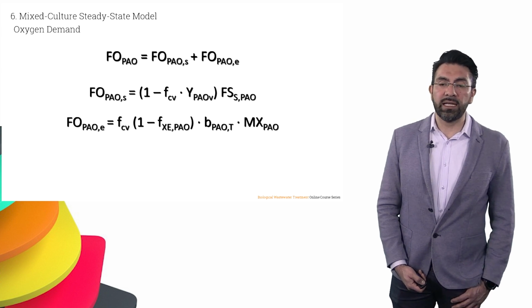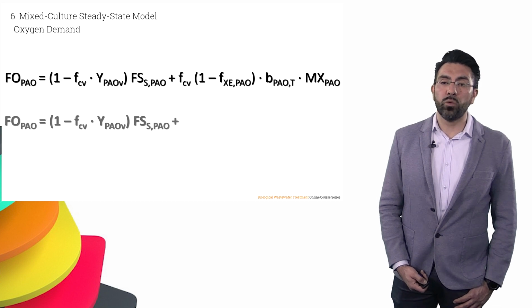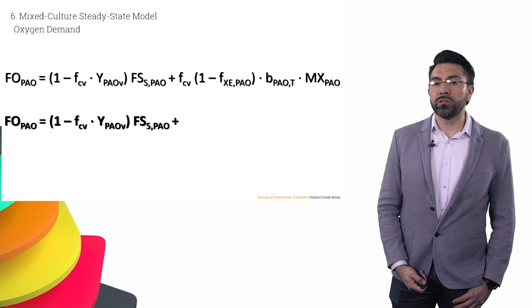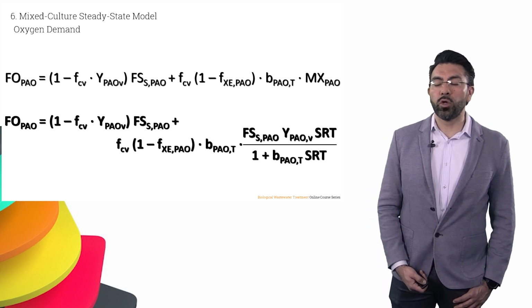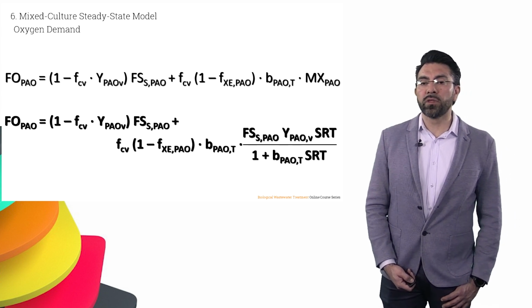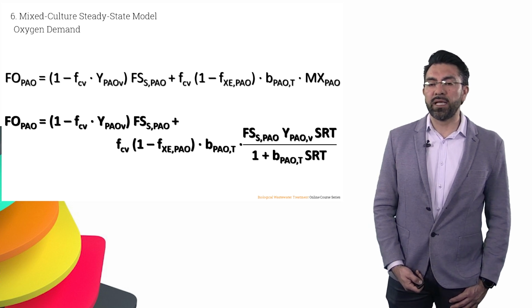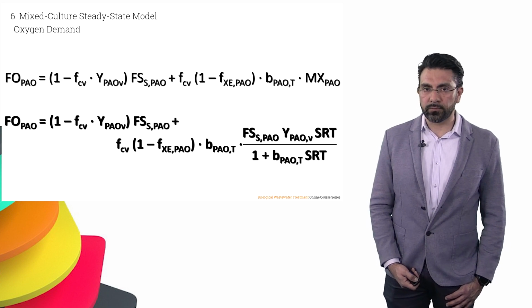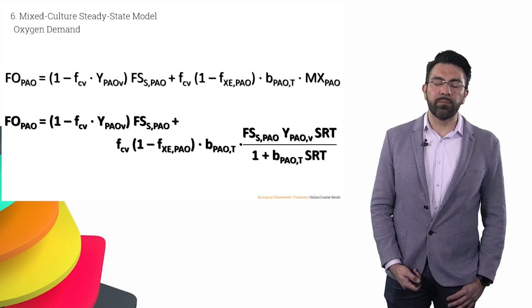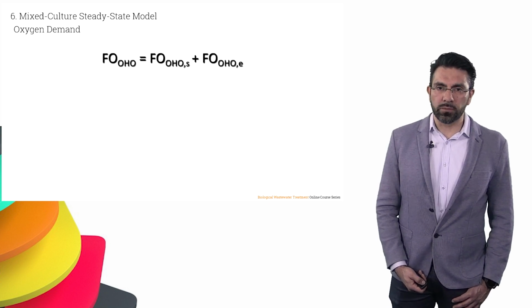These terms can help us in the estimation of the oxygen demand that the PAOs will have. The whole equation can also be worked out, since we already know that the mass of PAOs is a function of the flux of soluble biodegradable organics that they can store, and of course based on the stoichiometric parameters of this group of microorganisms. And this term will help us in the estimation of the oxygen demand by the PAOs.